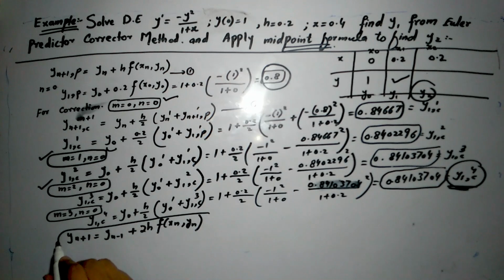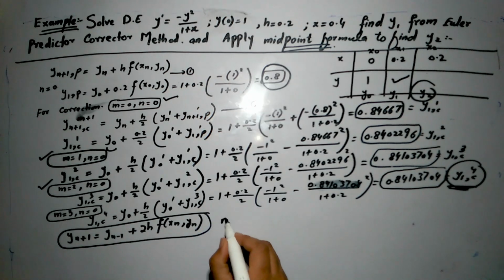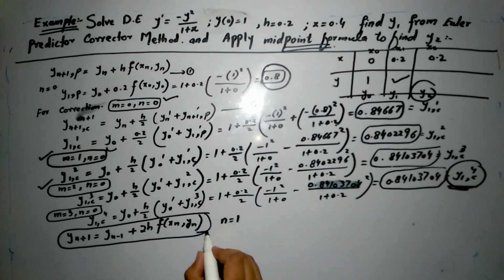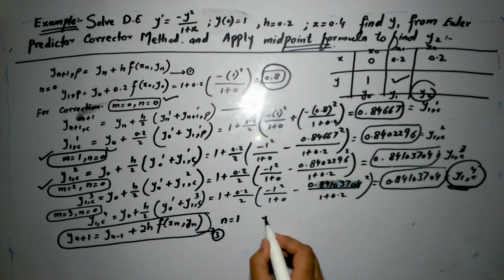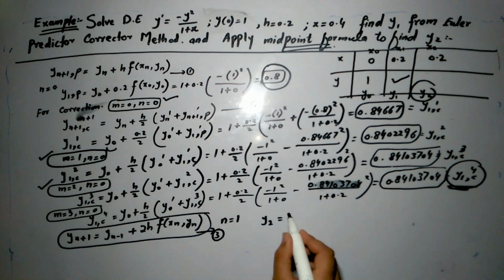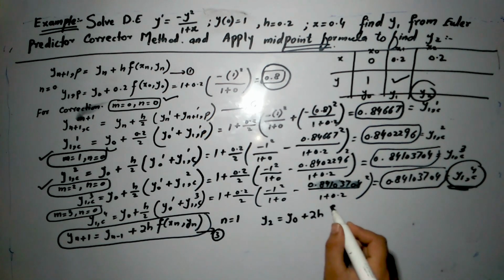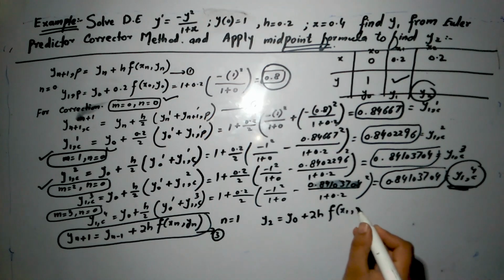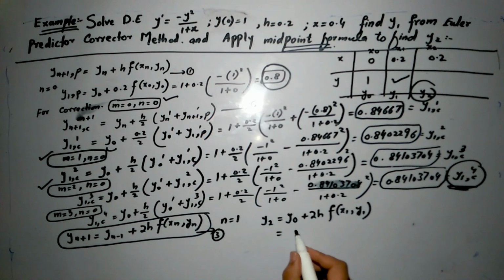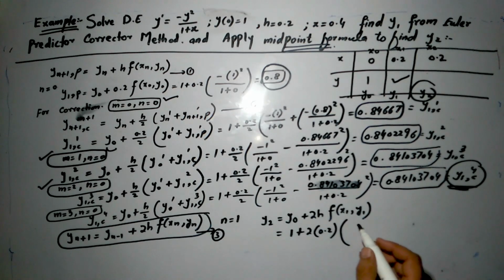We want to find y2, so we will take n is equal to 1 in equation number 3. So y of 2 is equal to y of 0 plus 2h f of x1 and y1. So this will be equal to y0 is equal to 1 plus 2h is equal to 0.2, minus y1 c4 square over 1 plus x.